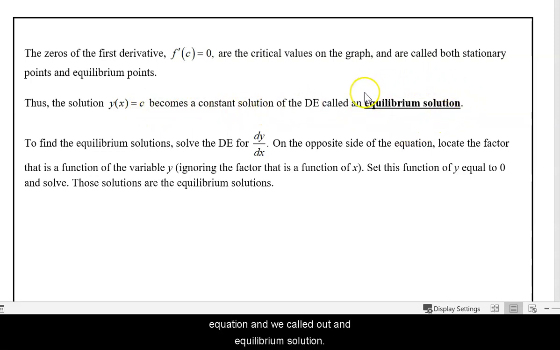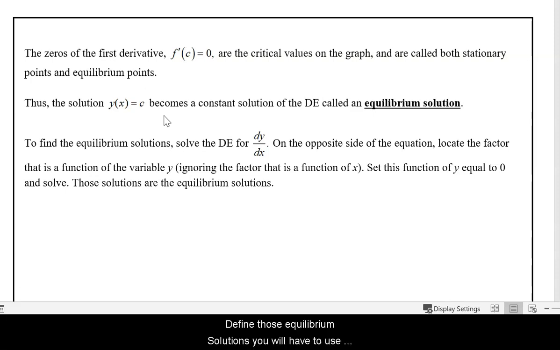And we call that an equilibrium solution. Because it is a constant equation, it is a horizontal line when you graph the solutions. Now we're skipping that in this particular course, but it will be something you'll spend a lot of time on when you get to your differential equations course.